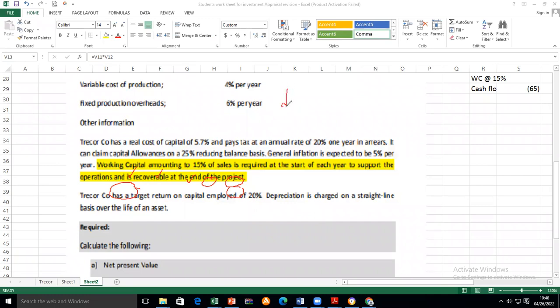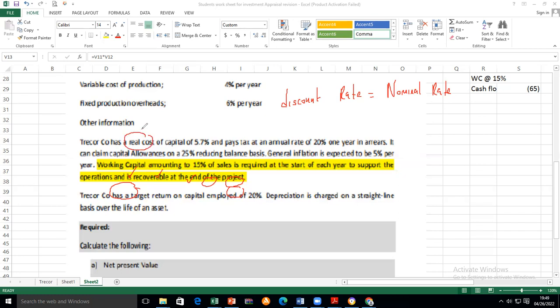When it comes to discount rate, we are looking for a nominal rate. That's what we're looking for. But this particular question, what have they given us?